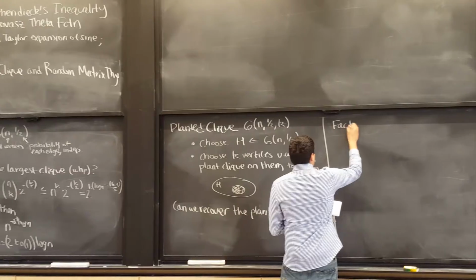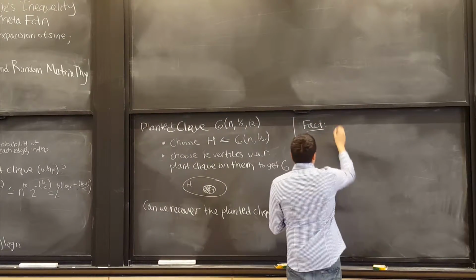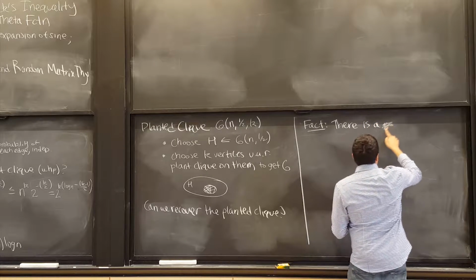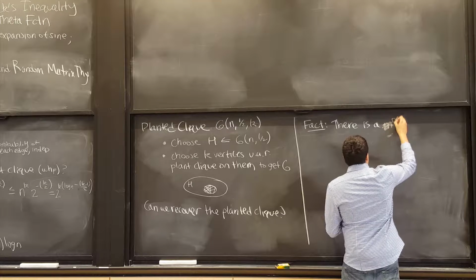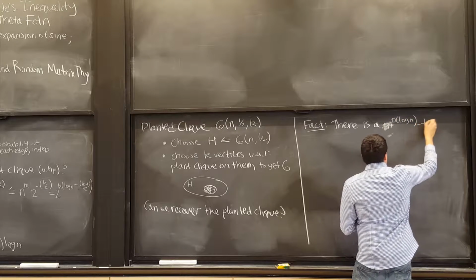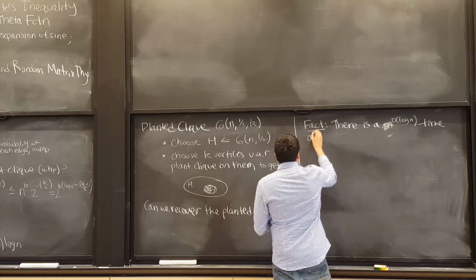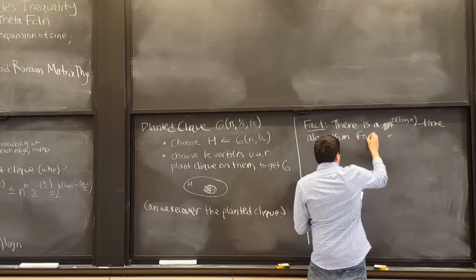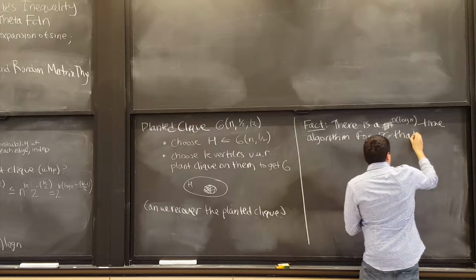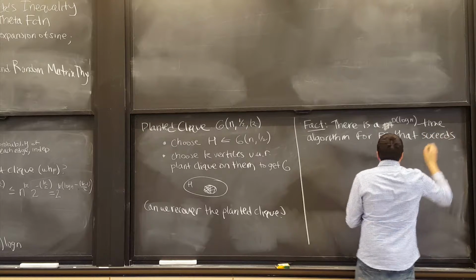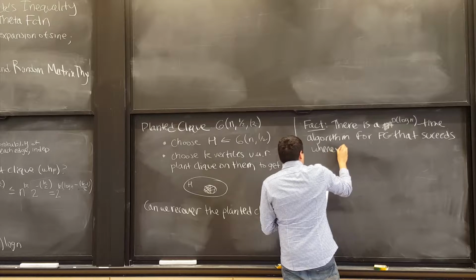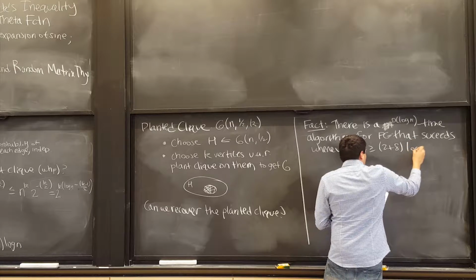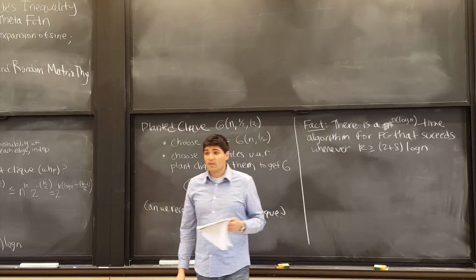What I claim, and I'm just going to sketch this proof, is that there is a quasi-polynomial time algorithm, an n to the O(log n) time algorithm, for planted clique that succeeds whenever, say, k is at least (2 + delta) log n for any fixed delta greater than 0.